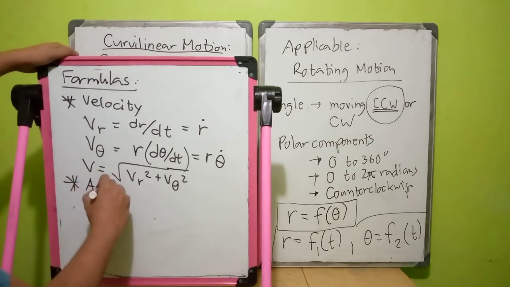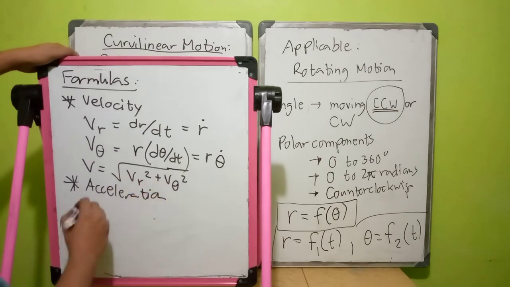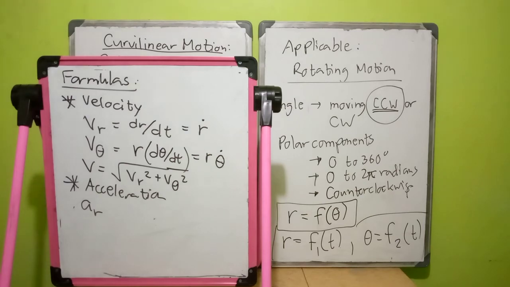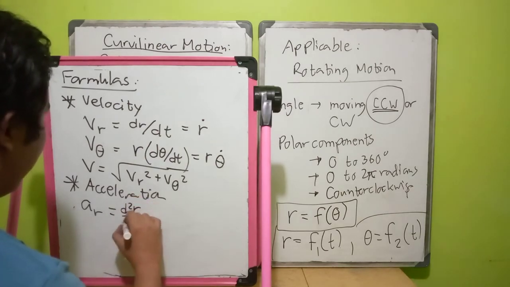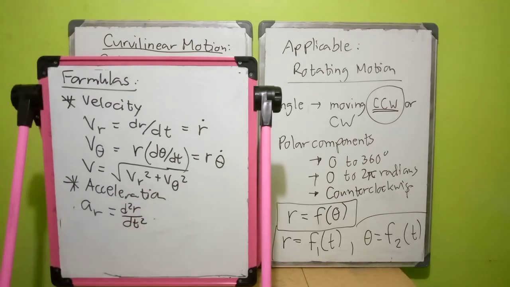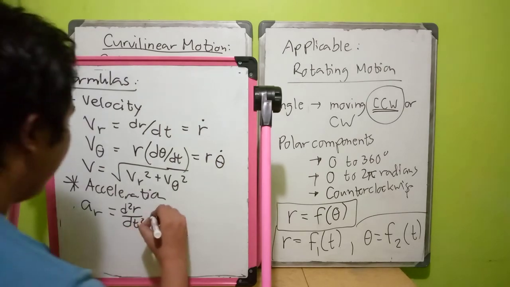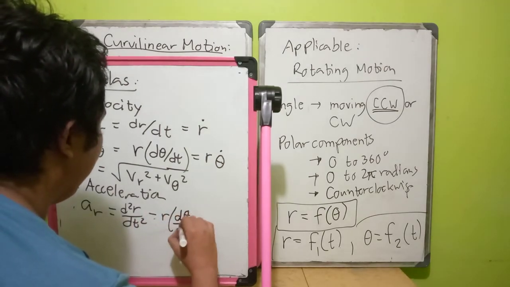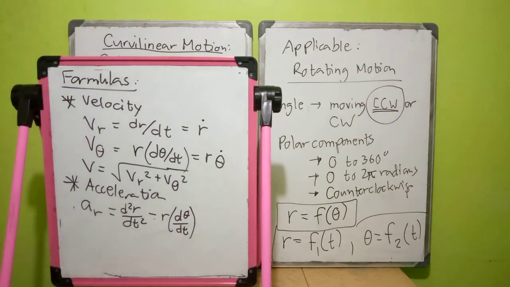Your acceleration in the radial component is equivalent to d squared r over dt squared minus r times d theta over dt, quantity squared.